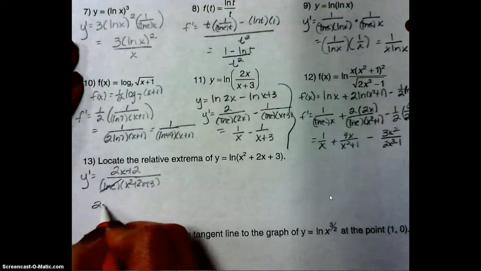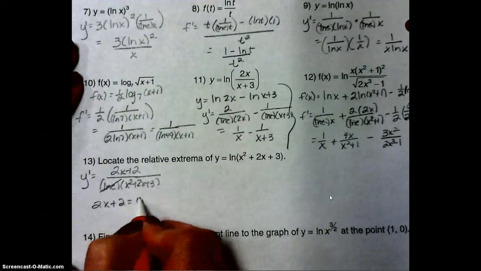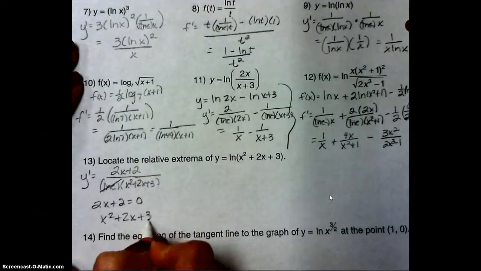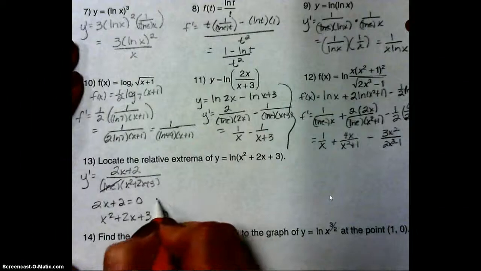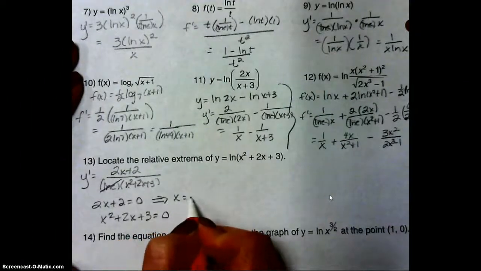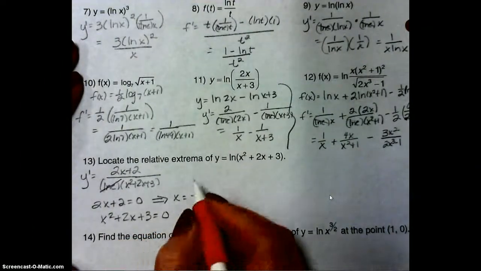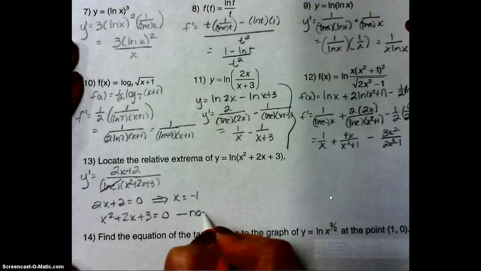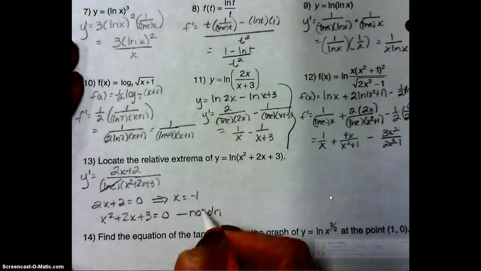Remember, max and mins, I set my numerator equal to 0 and I set my denominator equal to 0. So on this one, my critical number is x equals -1. This one is actually no solution. In the real number system, you get imaginary numbers.